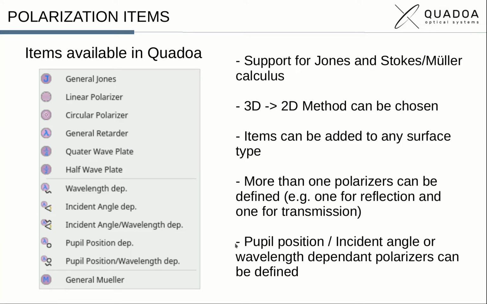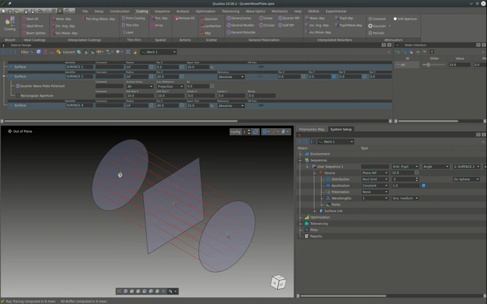And, as I already mentioned, all the pupil position, incident angle, and wavelength dependent polarizers can be defined as interpolation tables. Let's have a quick look at Quadoa itself. We can see that in the sequence source settings, we can define the polarization state, for example, like a linear or a Stokes polarization.